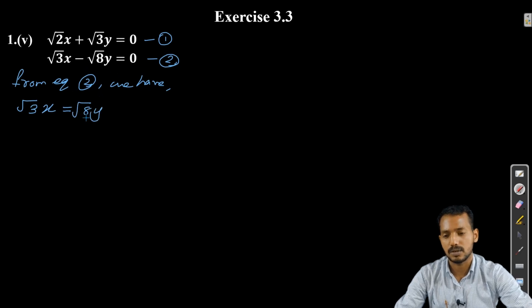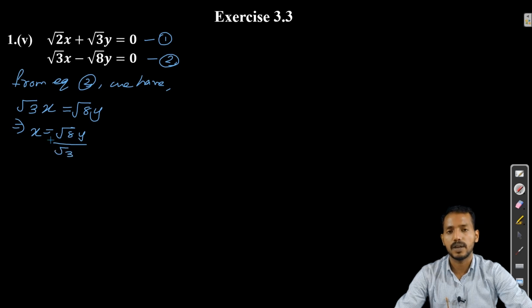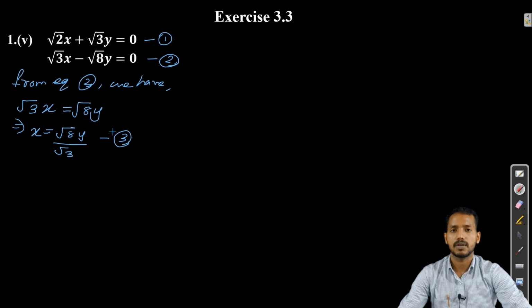Plus 0 is there, no need to mind it. So that implies x is equal to root 8 y divided by root 3. So now we have written x in terms of y, that is equation number 3. Now proceed with the second step.